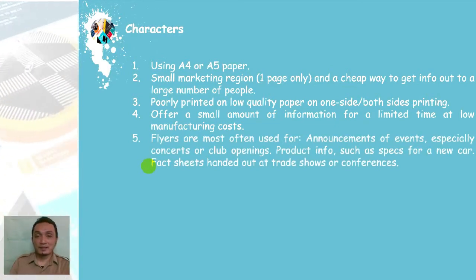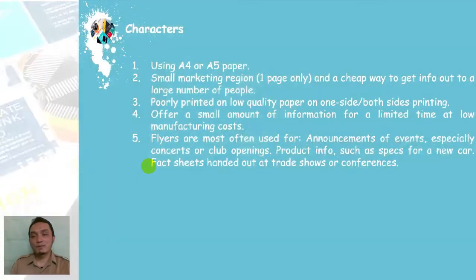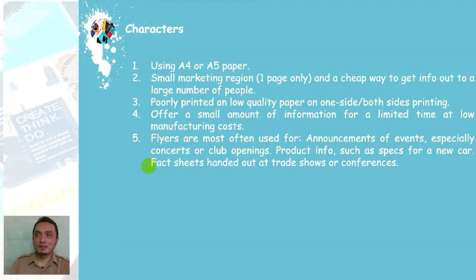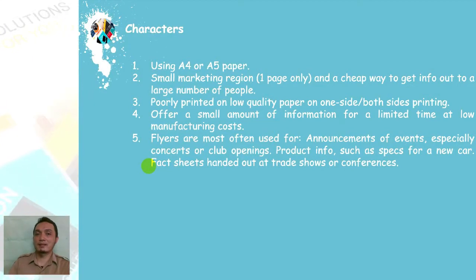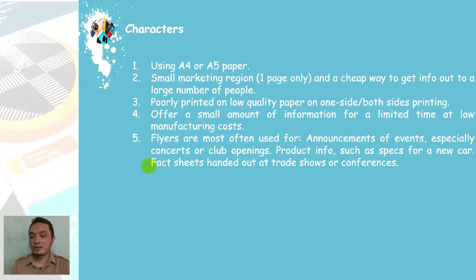Number 5, flyers. Leaflets, flyers, and handbills are most often used for announcements of events, like a show at night in a certain place. That is an announcement of events, especially concerts or club openings.